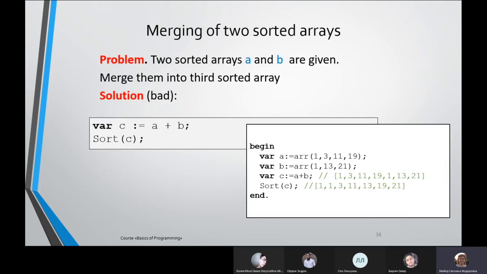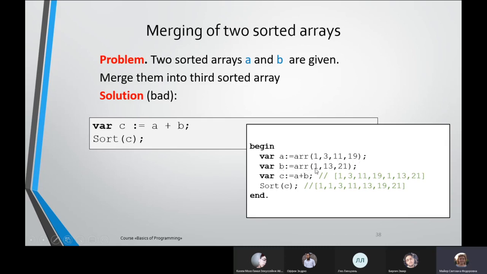For example, we have a task to sort an array which will be made of two arrays. So we have two sorted arrays, A and B. They are given, and we have it in our example here, in our code. So the first array A is 1, 3, 11, 19.